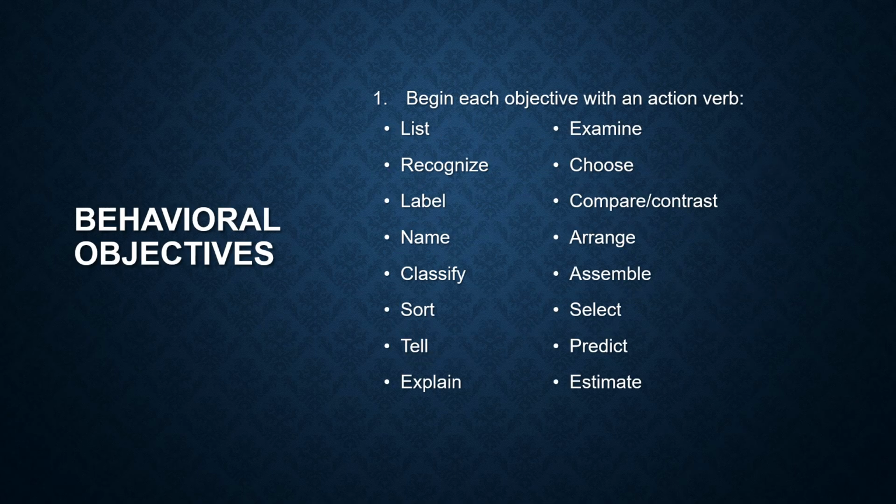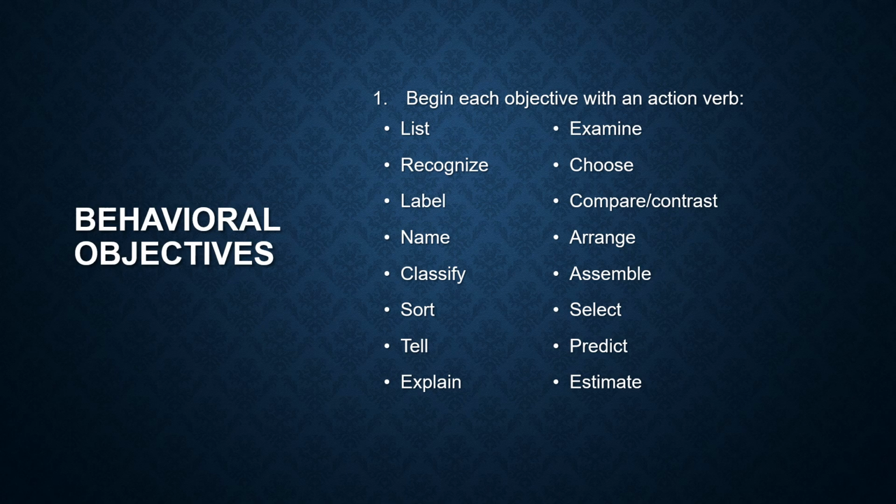Let's talk about practical application of the objective writing process. As we mentioned, each objective needs to begin with an action verb. What do you want the student to be able to do at the end of the lesson?